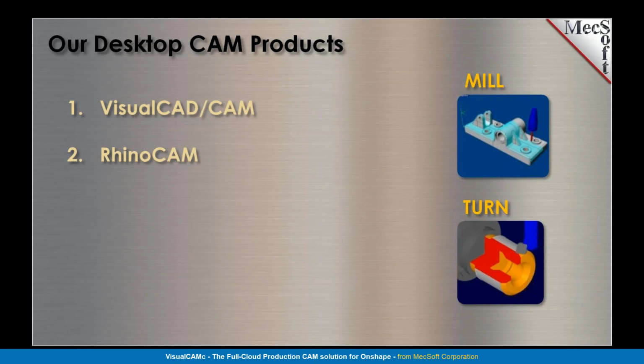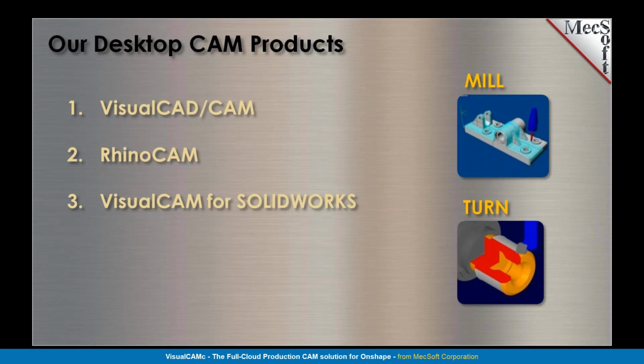We also have a plugin called RhinoCam. That's basically our CAM product that's running inside of Rhino. You might have heard of Rhino, which is a NURBS modeler out of McNeel and Associates in Seattle, and we work very closely with them. We've been working with them for a long time, and that's a very strong product as well. We also have a product running inside SolidWorks, called VisualCAM for SolidWorks.